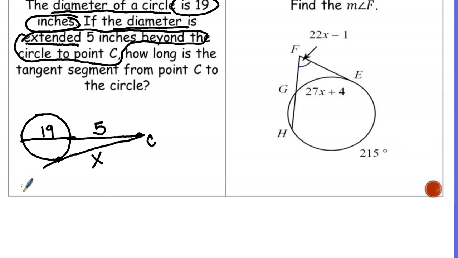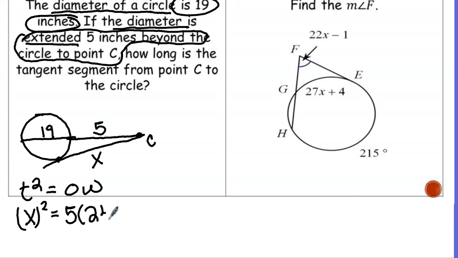So I'm going to use this formula. So we get x squared equals outside 5, and whole is going to be 19 plus 5, which is 24. Yep. And then we get x squared equals 5 times 24.